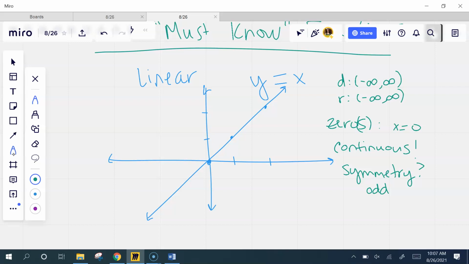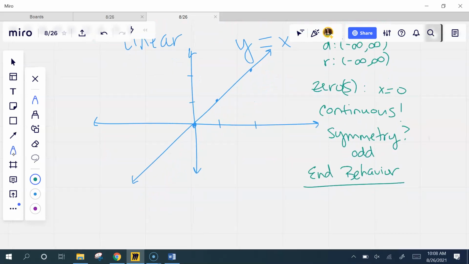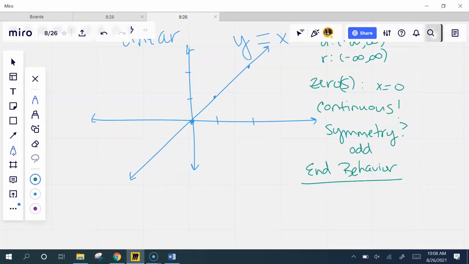How about the end behavior? We didn't talk about this before, but as a recap from Algebra 2, as x approaches what? Infinity.